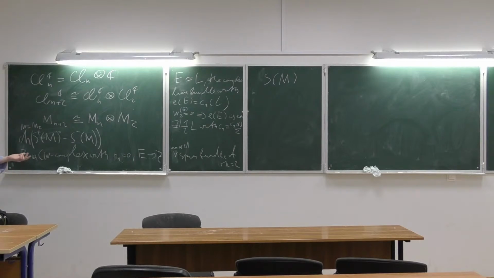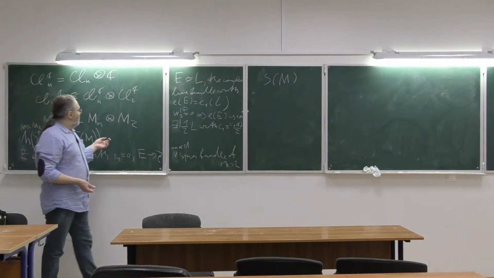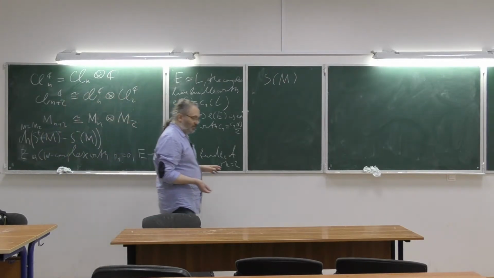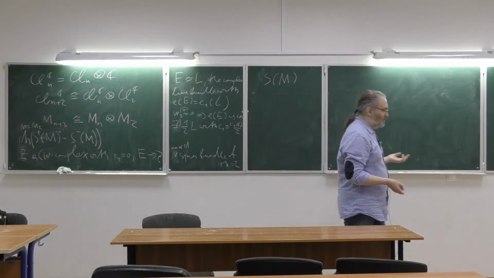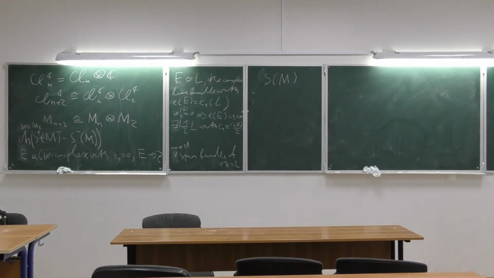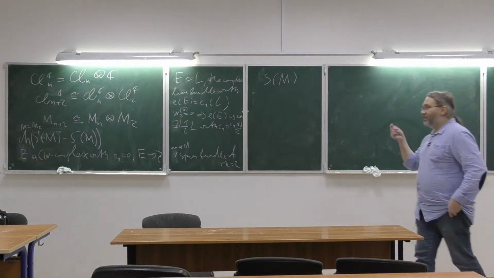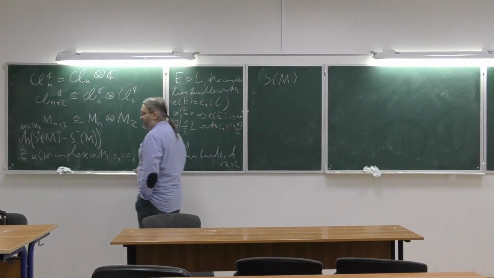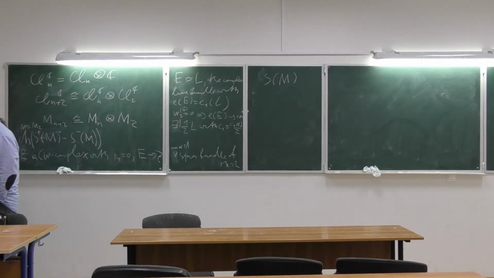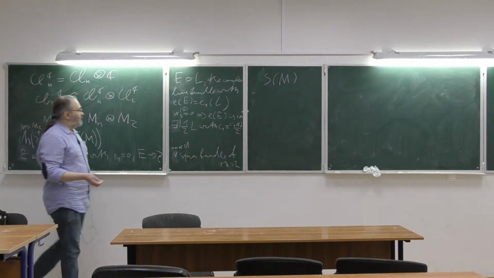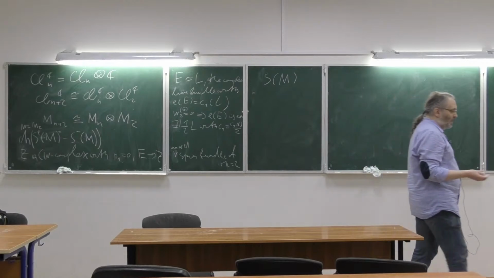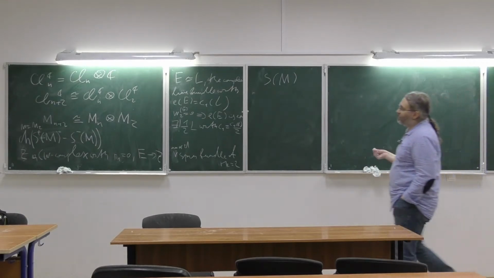Okay, so the algebra CL2 is just 2x2 matrices over C. It's not very hard to guess what the unique irreducible module is. It's just C2. The matrices act on C2 just by matrix multiplication. Okay, now I want to split.